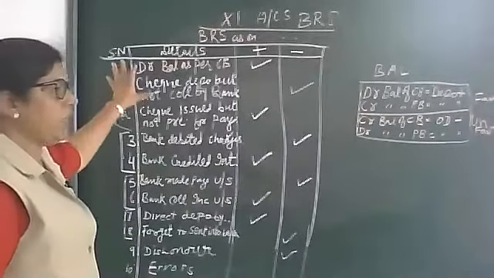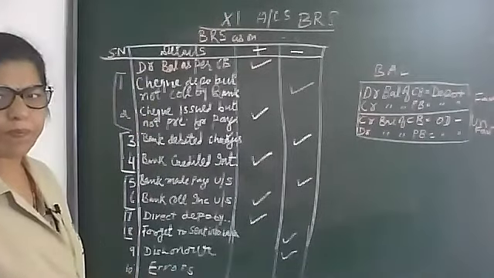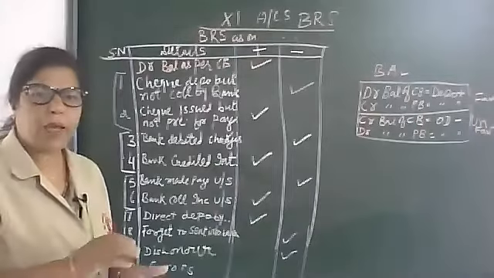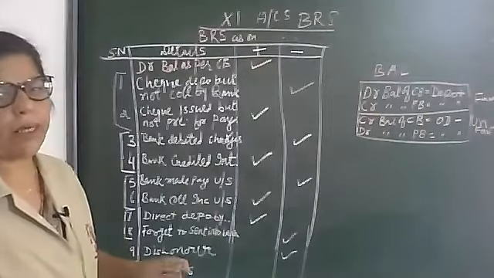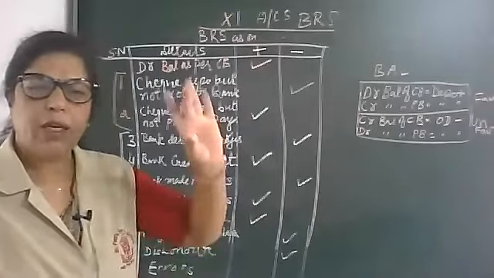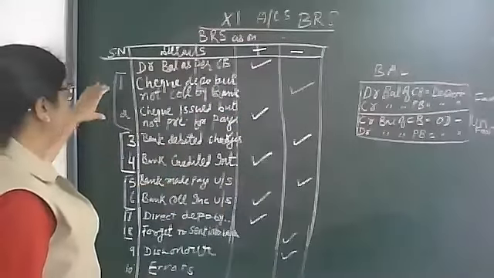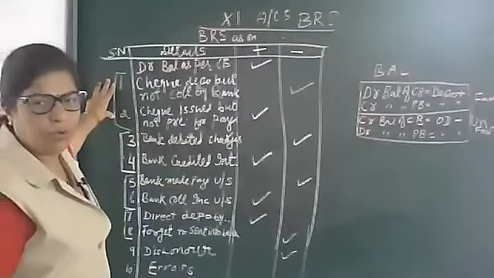So my dear children, this is the basic table for the bank reconciliation statement. This is the easiest way: you can make the pair of two, then it will be easy to learn.